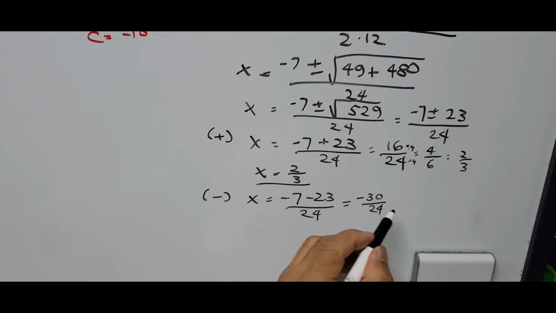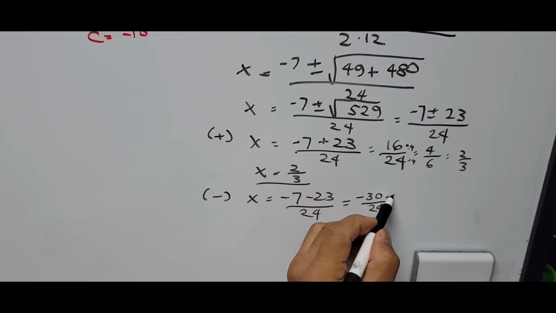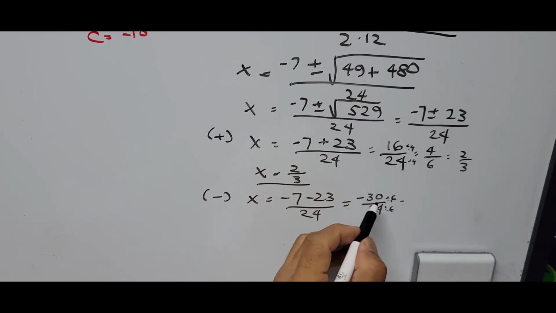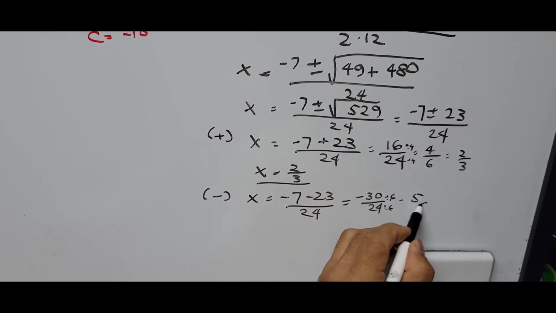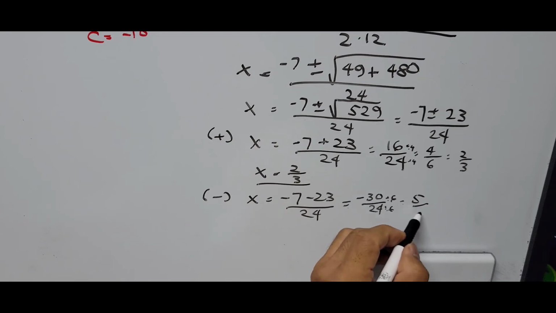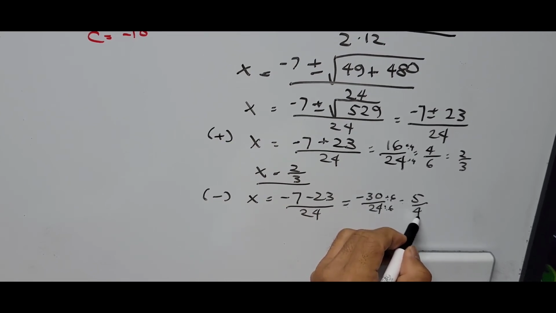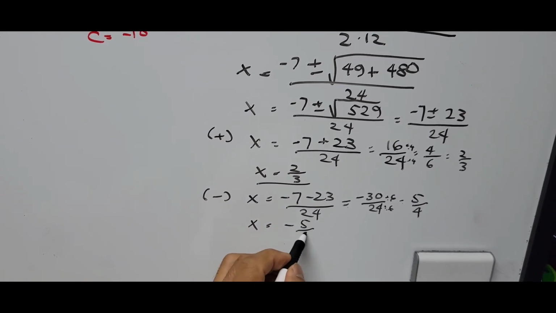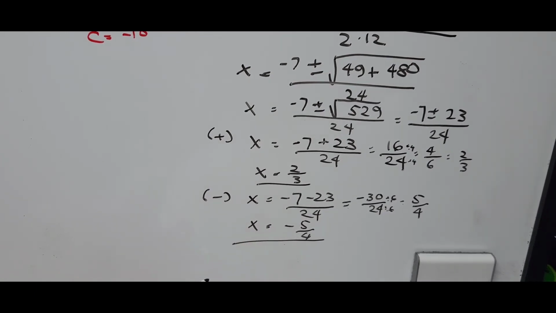That is divided by 6, both of them. 30 divided by 6 is 5, and 24 divided by 6 is 4. So x here now is -5 over 4. So that's the second answer, the value of x.